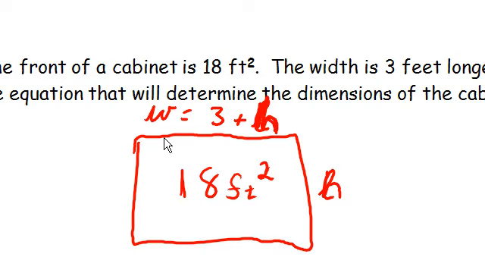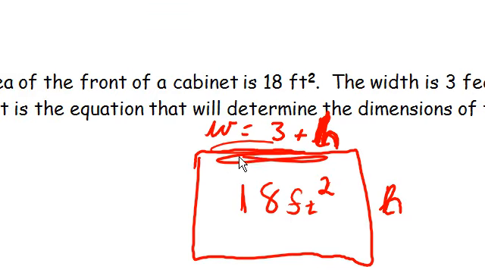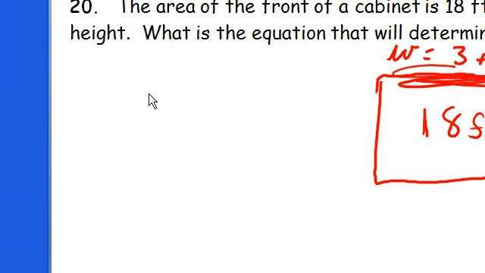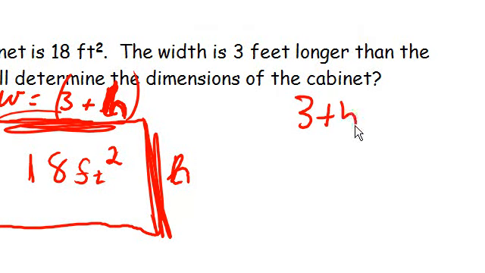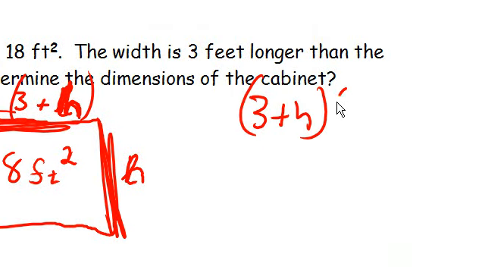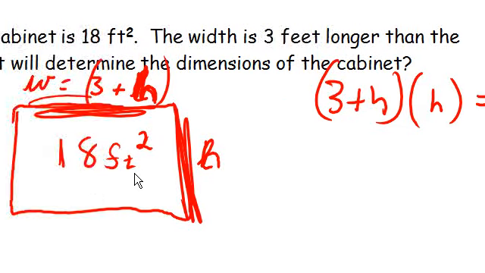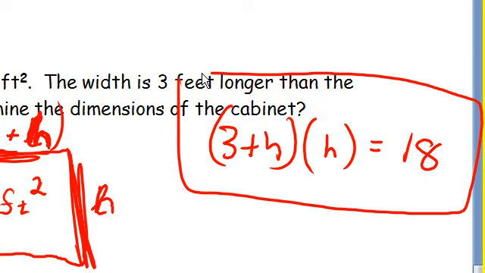What is the equation that will determine the dimensions of the cabinet? We know that this side times this side will equal the area, and this side is 3 plus h. So if we multiply 3 plus h times h, that will give us the area, which is 18. So there's your equation.